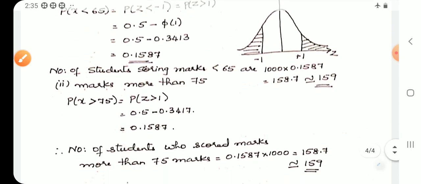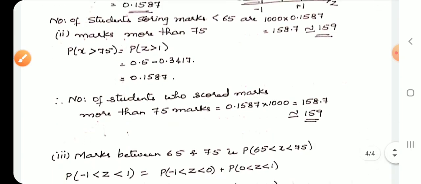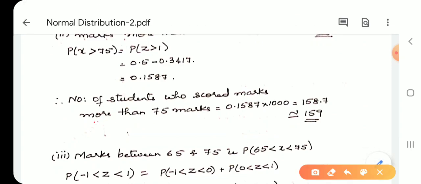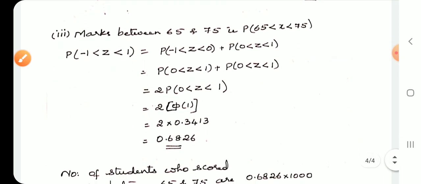So here also we get the answer as 0.1587. So this is the probability. To find the number of students who have scored marks more than 75, we multiply with 1000 and we get the answer as 159. So that is the third sub question.